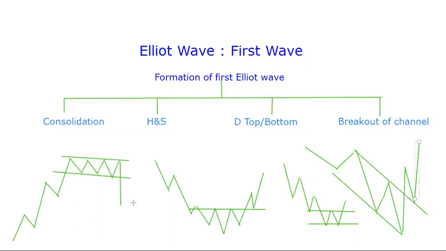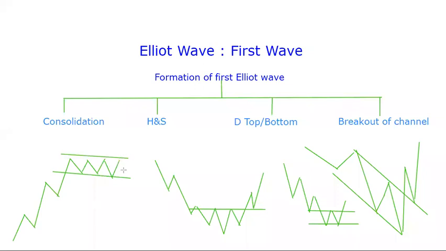So you have to see the movement of this first wave. You cannot think of this as a first wave. Say even if this is in a channel, what is happening? Let me draw again.